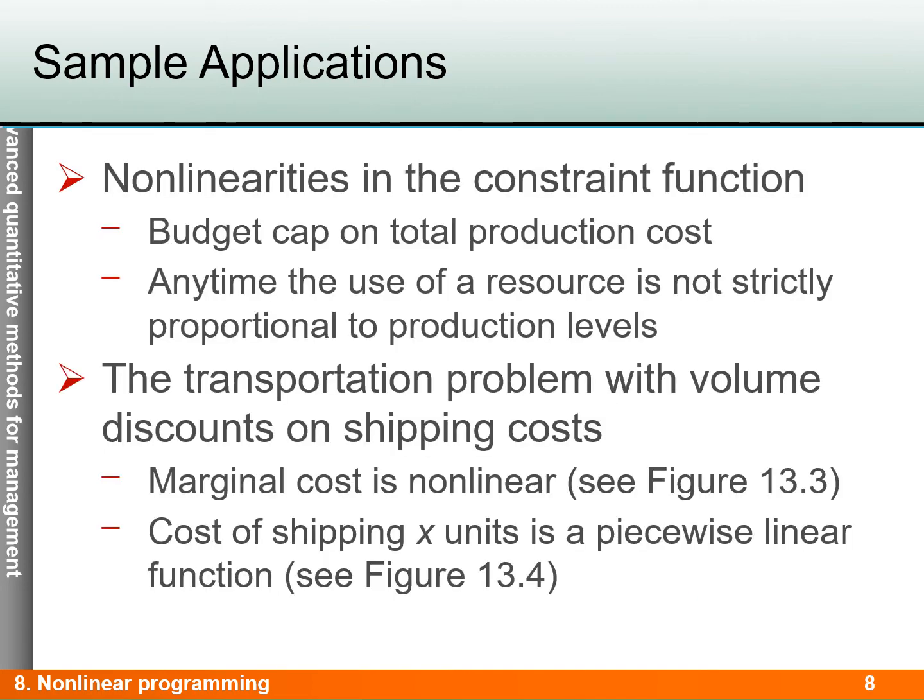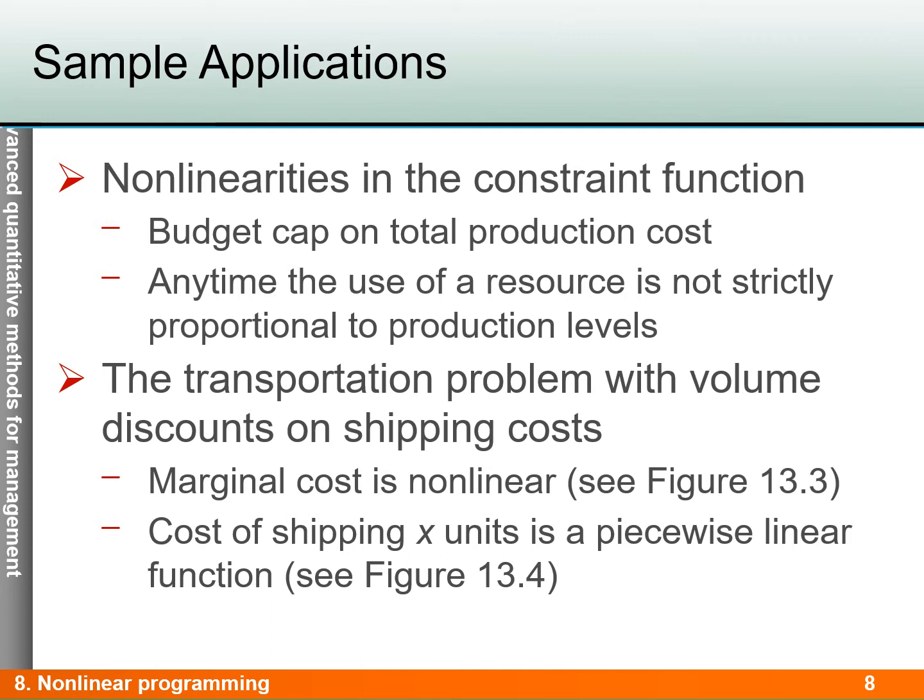As I said in the previous slide, the concept of nonlinearity may also happen in the constraint functions of our example. For example, if there is a budget constraint on total production cost, the cost function will be nonlinear if the marginal cost of production varies, as just described.